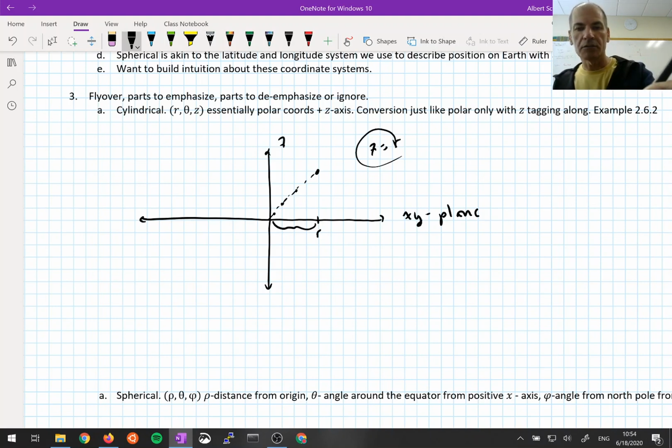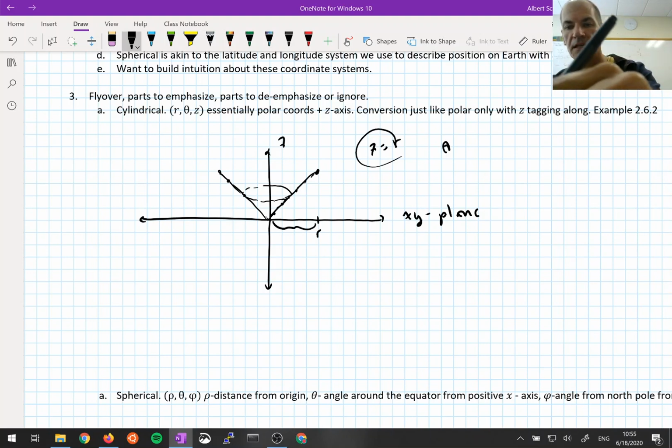r is the distance from the origin, so every point along this ray is going to satisfy that condition. And now if we move back and tilt a little bit away from the xy plane, every point in a circle at that height is going to satisfy this condition because there's no theta in this equation, right?